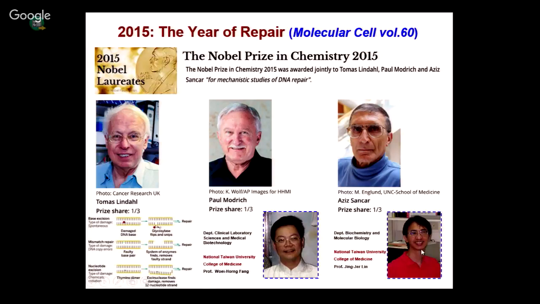If you read in the textbook about nucleotide excision repair, you will see Aziz Sancar and the UvrABC in E. coli. That's the work of Professor Lin when he was a PhD student in Sancar's laboratory. He worked out all the biochemistry of how nucleotide excision repair works. These two professors are currently in Taiwan, and I hope someday they'll also win a Nobel Prize as Kyoto University professors have.